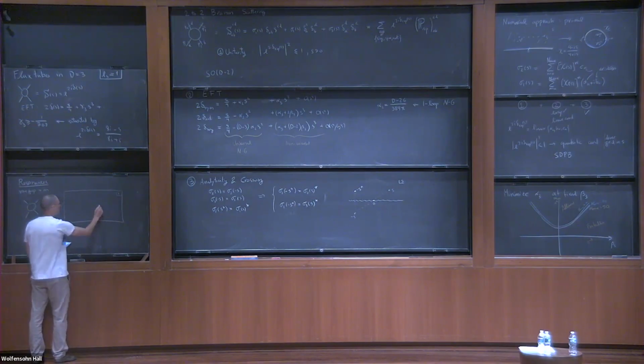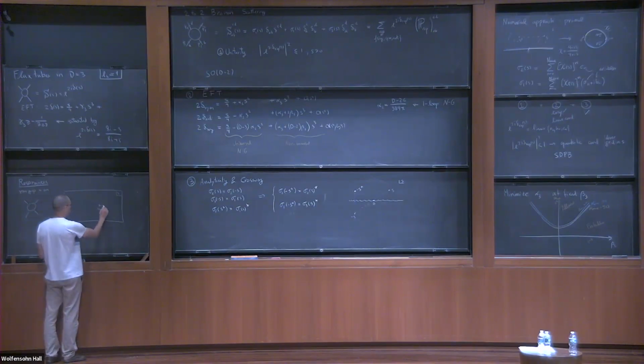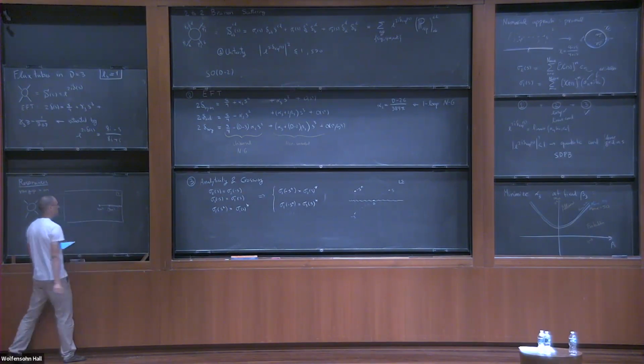The two-particle cut starts at 4m squared, since 2m is the minimal energy of two particles. S is the square of the center of mass energy, so it starts at 4m squared. And then you can have a three-particle cut starting at 9m squared, the square of 3m.